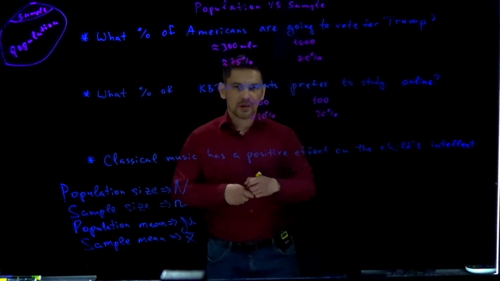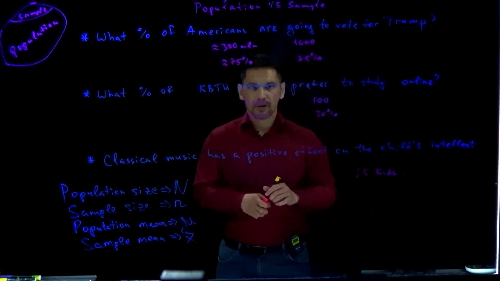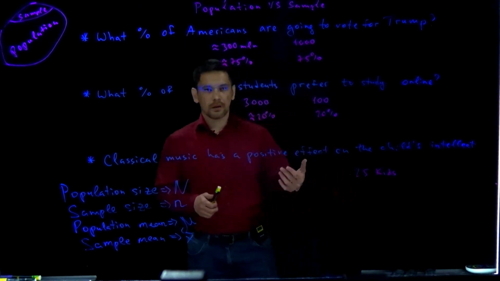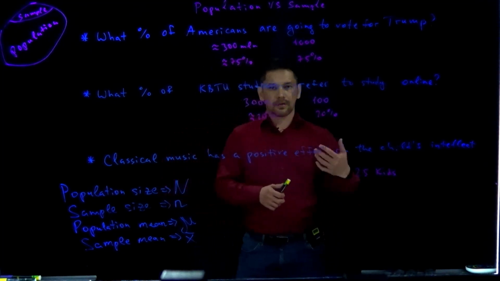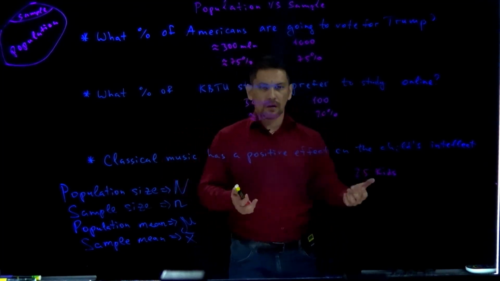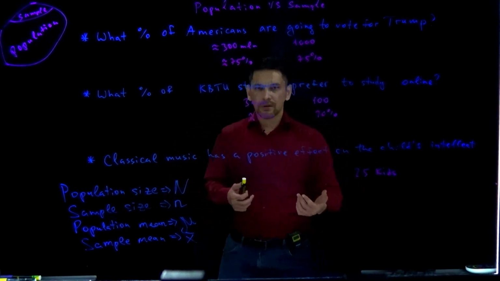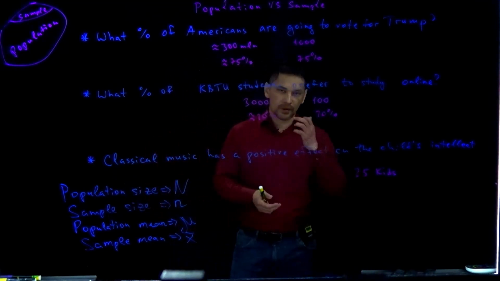Let's say I choose a small group of 25 kids, and I make them all listen to classical music for, let's say, 1 month. And at the end of the experiment, I check their level of intellect. And it turns out that this group of 25 kids became smarter after listening to classical music. So based on this result, I conclude that all kids become smarter when they listen to classical music.